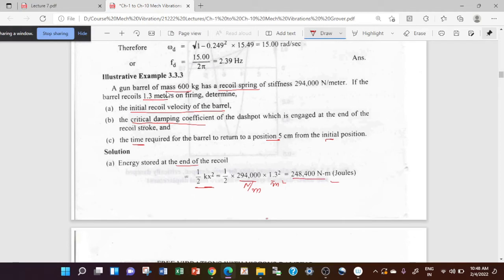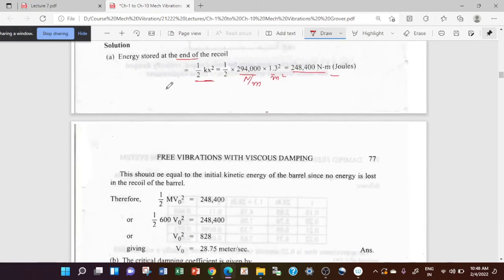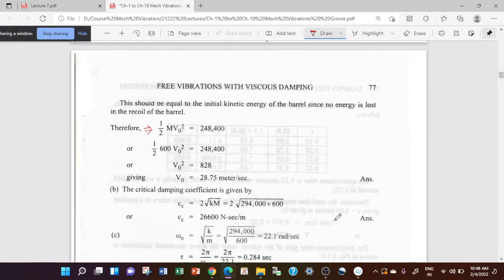Now when you release this spring, the whole of the energy stored in the spring will be converted into the kinetic energy of the barrel, given by half m v squared. So the initial velocity of the barrel is given by this formula, and it gives the value of 28.75 meter per second.